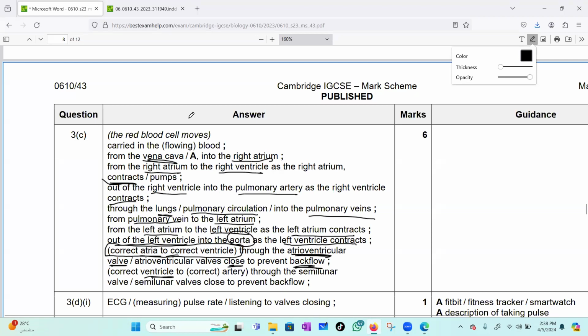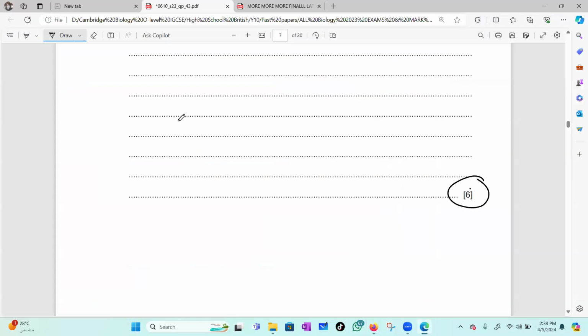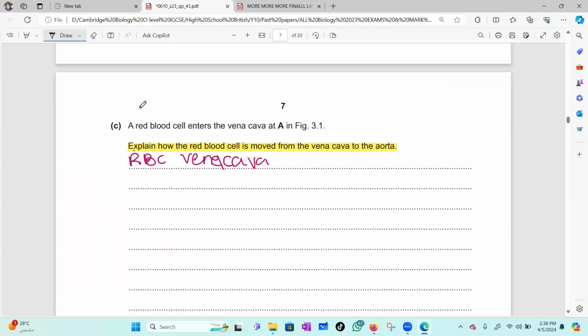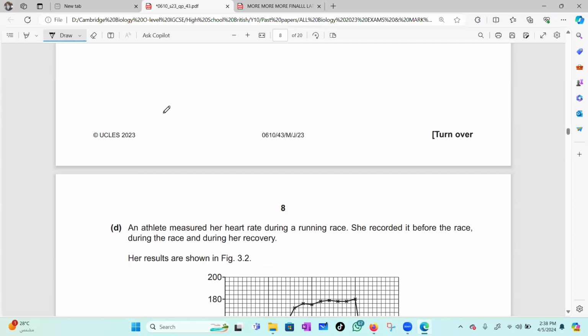Correct ventricle to correct artery through the semilunar valves, and they close to prevent the backflow of blood. So every single detail is written in a 6-mark question. You have to write the whole flow in the correct order and mention the function of the valves. I hope you get this question properly correct. This is core. Now let's continue.